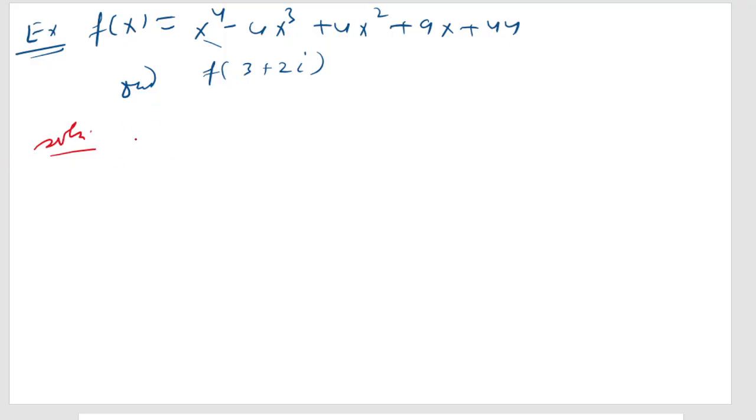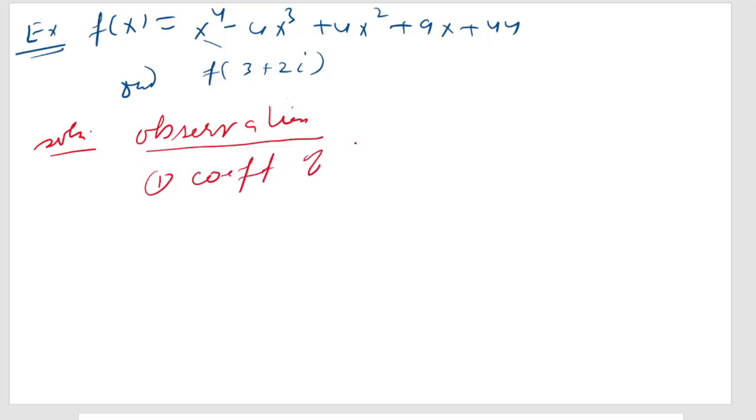One observation is there: since the coefficients of the polynomial are real, the roots exist in conjugate pairs.